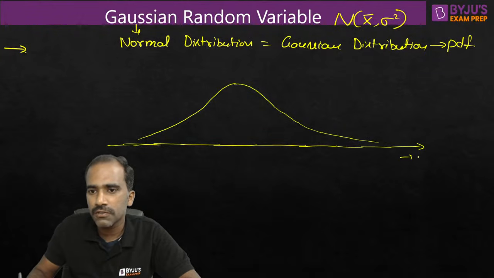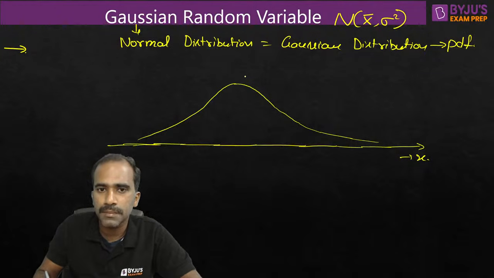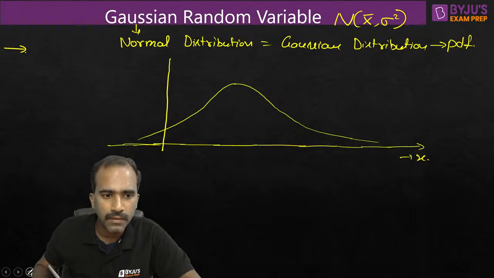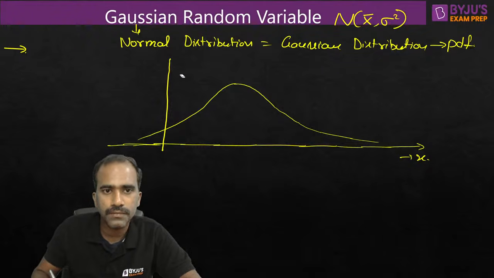As a function of x, this represents a PDF. The y-axis can be anywhere. I'm plotting a general Gaussian function.